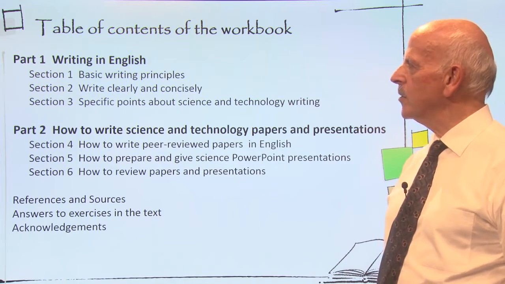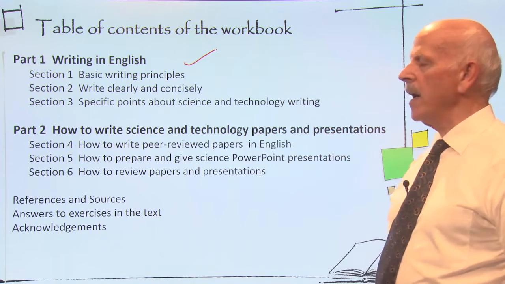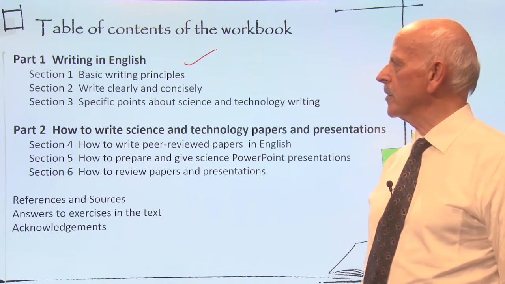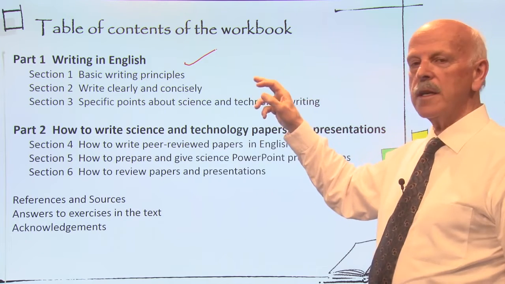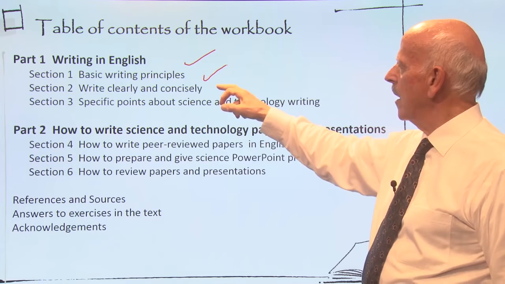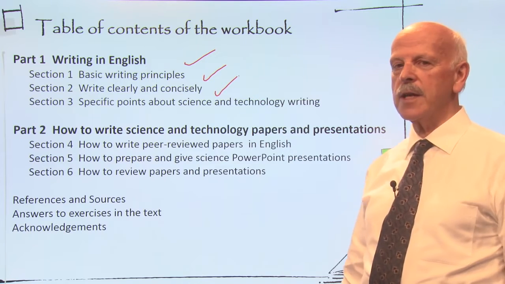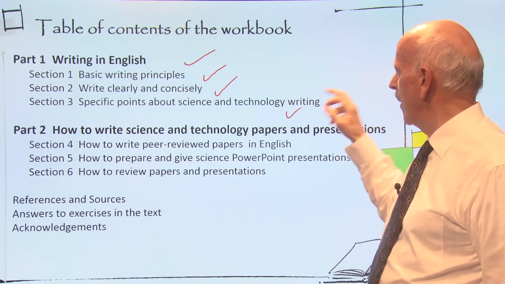It's divided into two parts: writing in English and how to write scientific papers and presentations. The writing in English part is divided itself into three parts: basic writing principles, how to write clearly and concisely, and some special points for science writing.